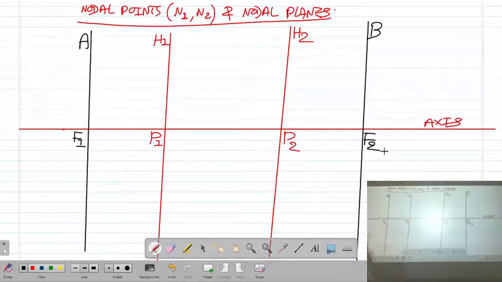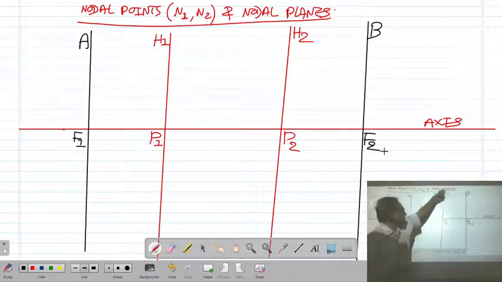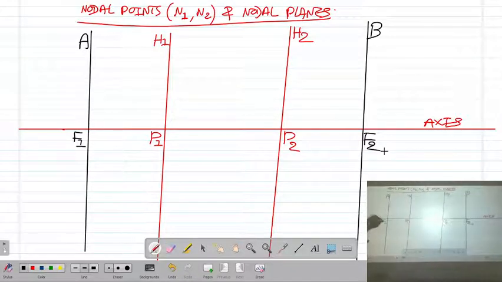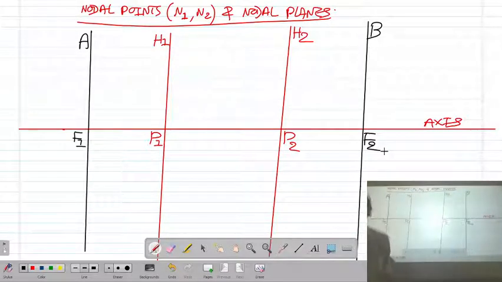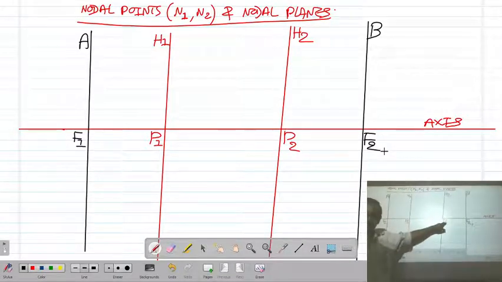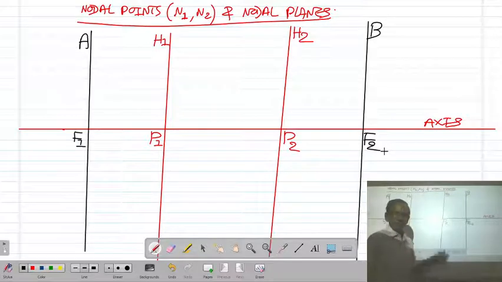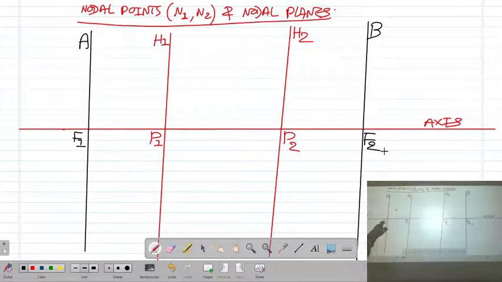Now you should understand the symbol of each point and plane. P1 is called the first principal point, and H1P1 is the first principal plane. P2 is the second principal point. H2P2 is the second principal plane. F1 is the first focal point. AF1 is the first focal plane. F2 is the second focal point. BF2 is the second focal plane.